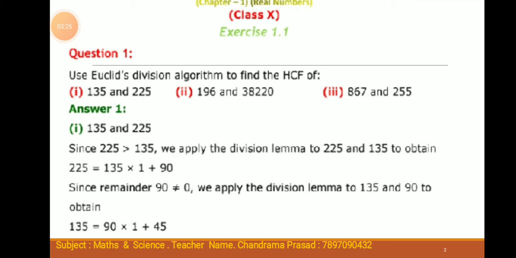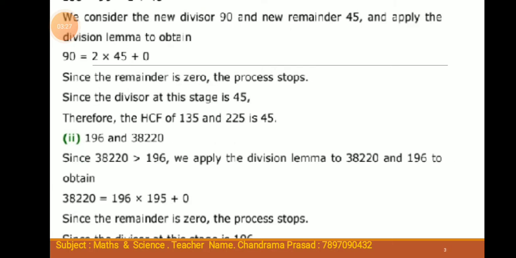Again, since the remainder 45 is not equal to 0, apply the division lemma between 90 and 45. Therefore, this can be written 90 = 2 × 45 + 0.